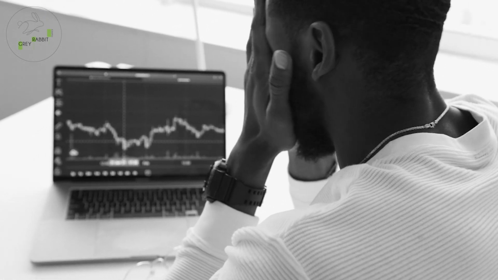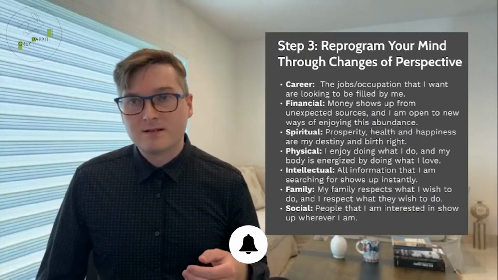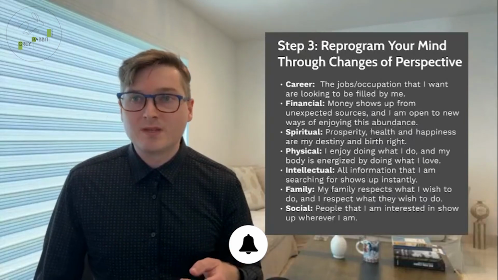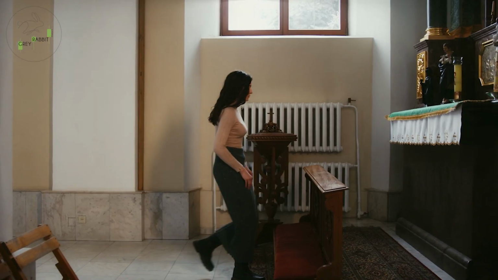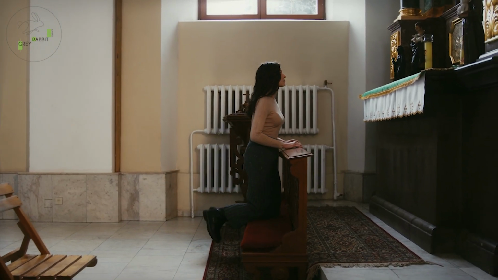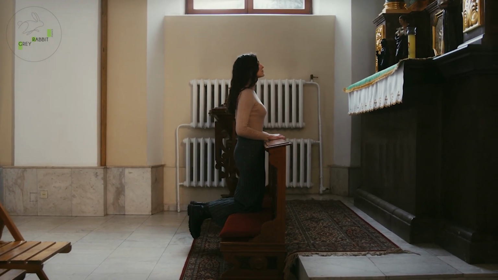So, guys, some of the beliefs that we need to instill could look something like this, right? Career. The jobs, occupation that I want are looking to be filled by me. Financial. Money shows up from unexpected sources, and I am open to new ways of enjoying this abundance. Spiritual. Prosperity, health, happiness are my destiny and birthright.